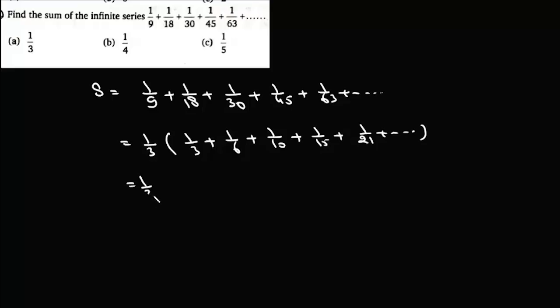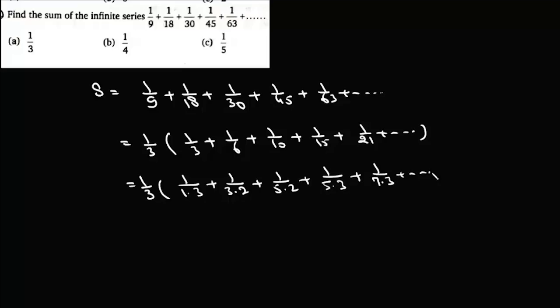Now this is 1 by 3, and this is 1 into 3. This is 3 into 2. This is 5 into 2. This is 5 into 3. This is 7 into 3.